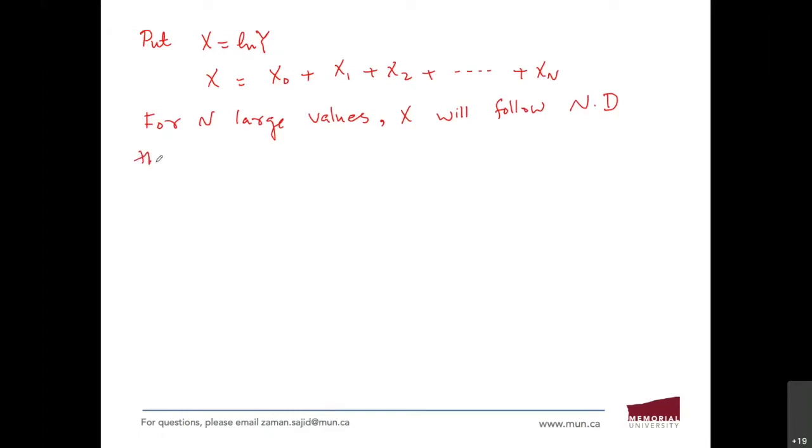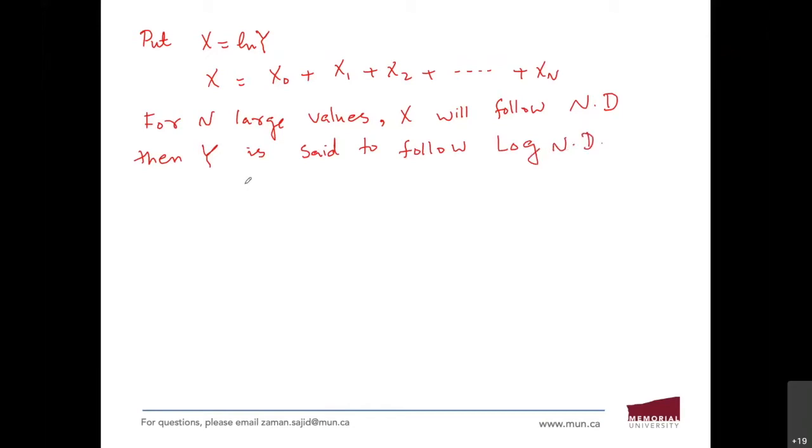Then y that we define here is said to follow the log normal distribution.